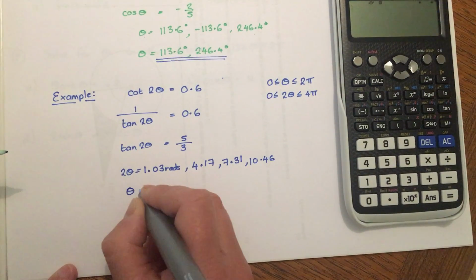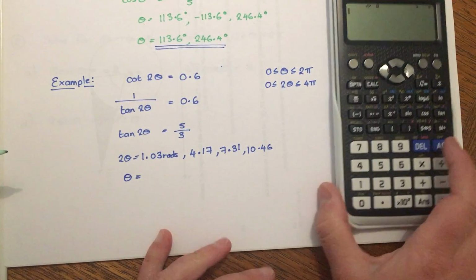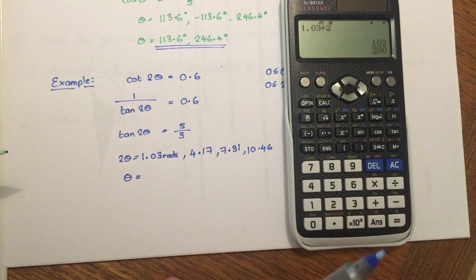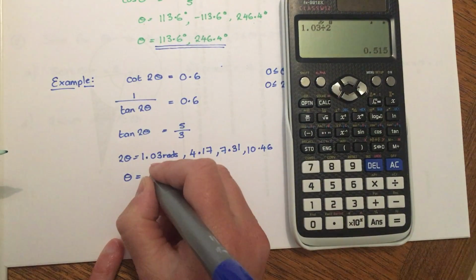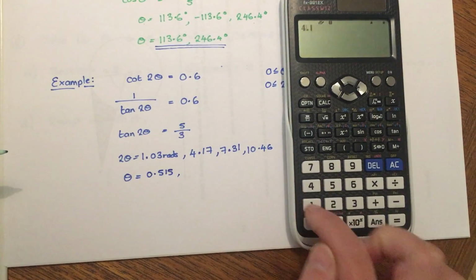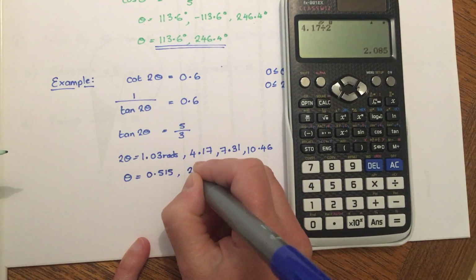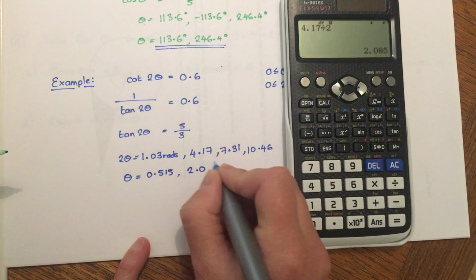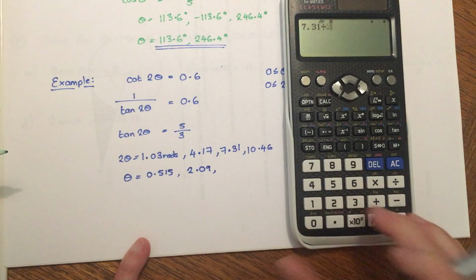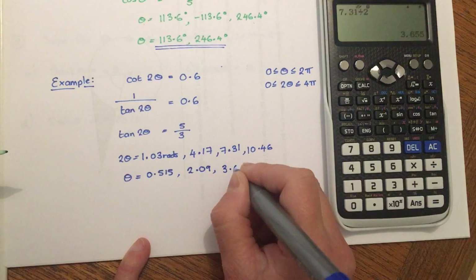Those are my solutions for 2 theta. To find my solutions for theta, I just need to halve them all. So 1.03 divided by 2 is 0.515. 4.17 divided by 2 is 2.09. 7.31 divided by 2 is 3.67.